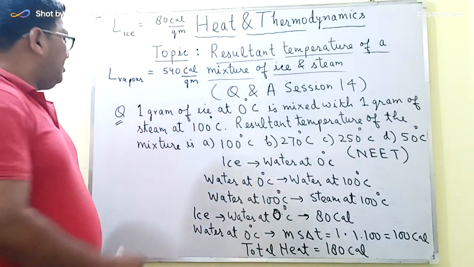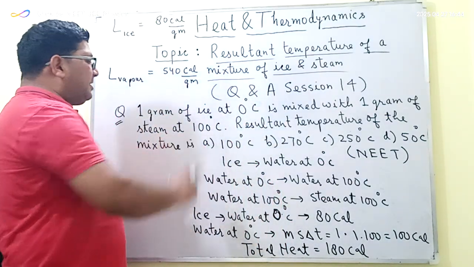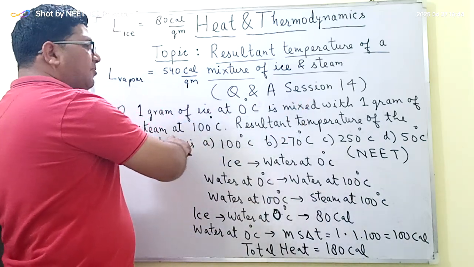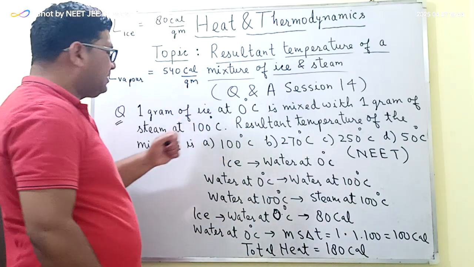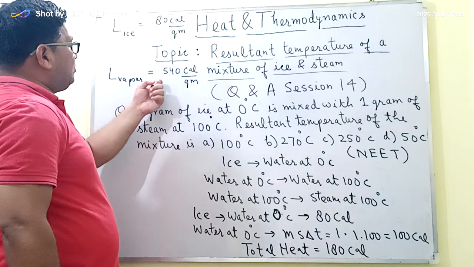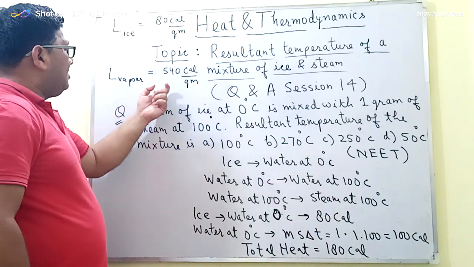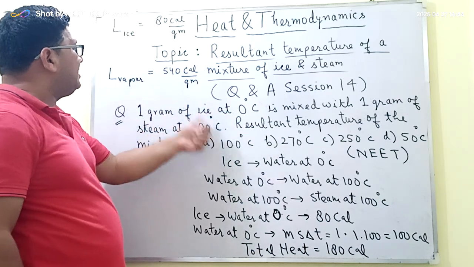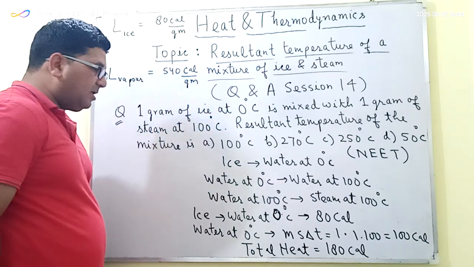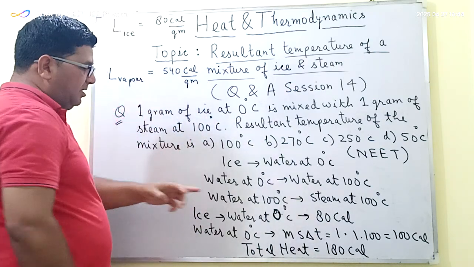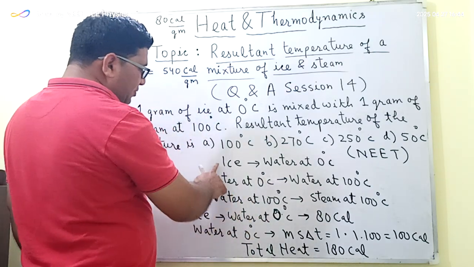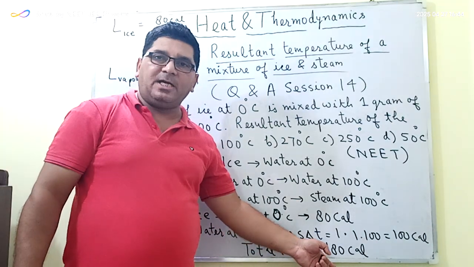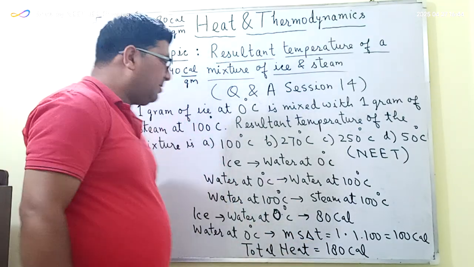Now the steam is at 100 degrees centigrade, and here we have got 1 gram of steam at 100 degrees centigrade. So the total amount of this heat energy which is available with this 1 gram of steam at 100 degrees centigrade is equal to 540 calories. So out of this 540 calories, 180 calories will be utilized by this ice in order to get converted into water at 100 degree centigrade.